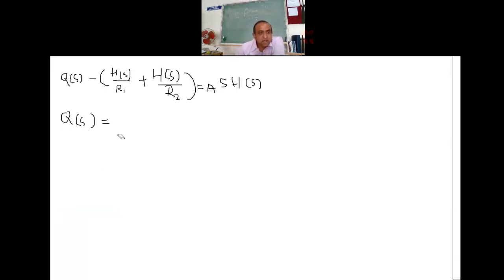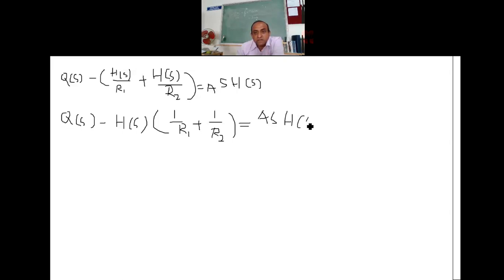Yeah, this has to be minus here. So I'll take H of S outside the bracket. What you are left with? You are left with 1 by R1 plus 1 by R2 equals to A S, H of S.